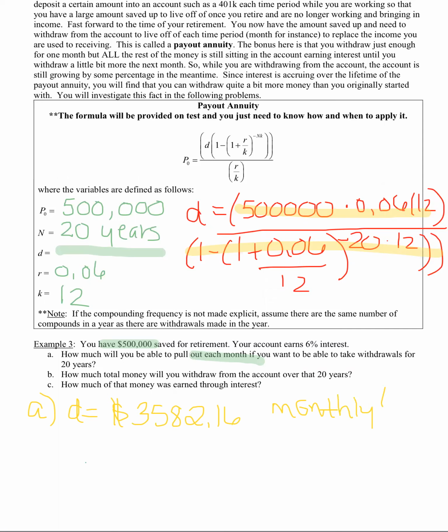And while you're withdrawing, the money that's staying in is also earning interest as well. If you want to type this into the calculator, it looks like this: parenthesis 500,000 times 0.06 divided by 12, divided by parenthesis, 1 minus 1 plus.